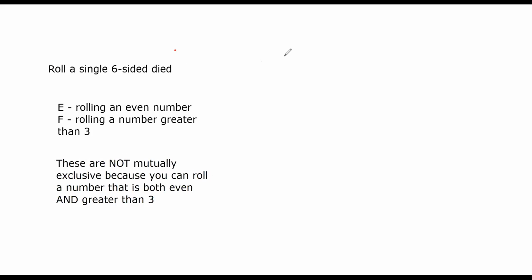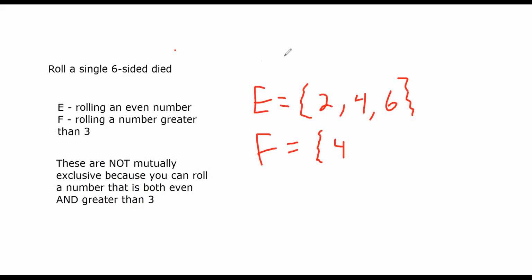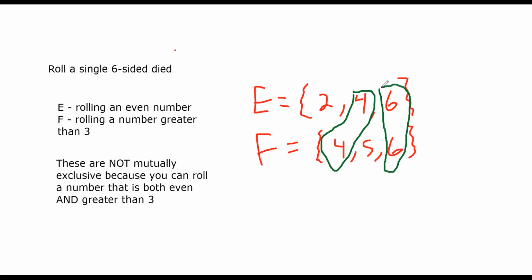Think about it. The event E, rolling an even number: 2, 4, and 6. The event F, rolling a number greater than 3: 4, 5, 6. You have some overlap here, so they're not mutually exclusive.